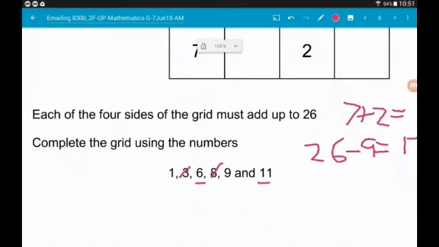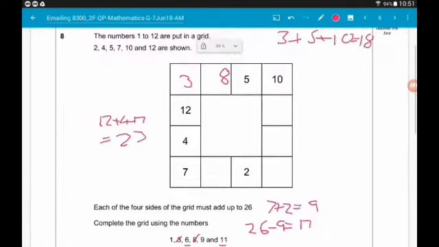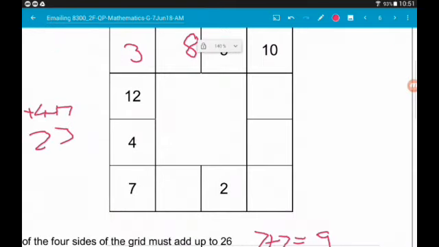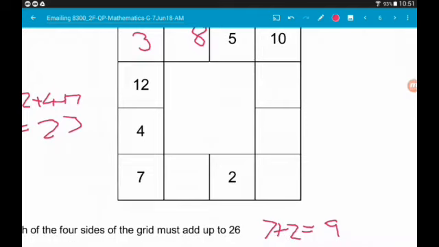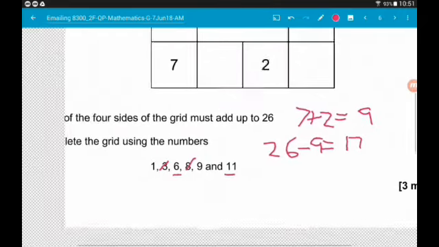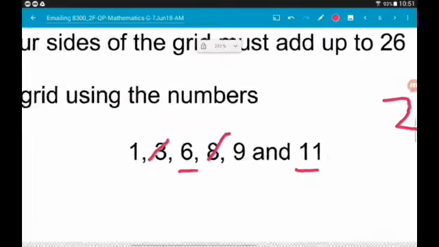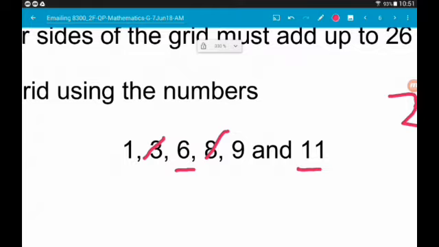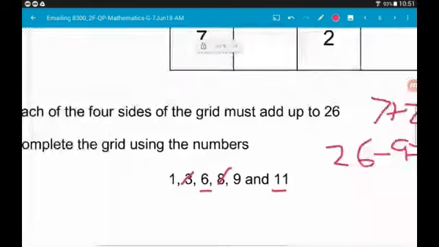Now, we also need to be a bit clever here, because we need to think, well, is the 11 going to go in the first empty square, or is it going to go down in the bottom corner and also be a part of the right line? So the two numbers that we're going to be left with are 9 and 1.